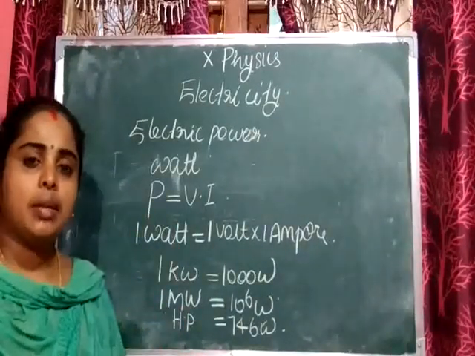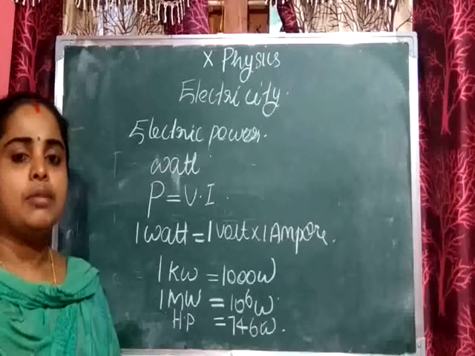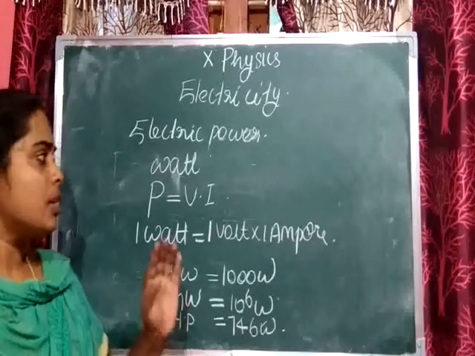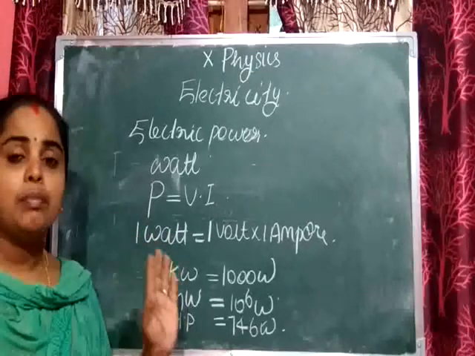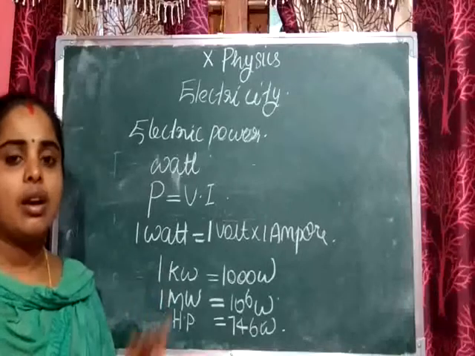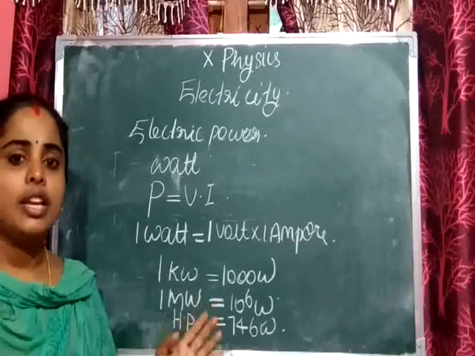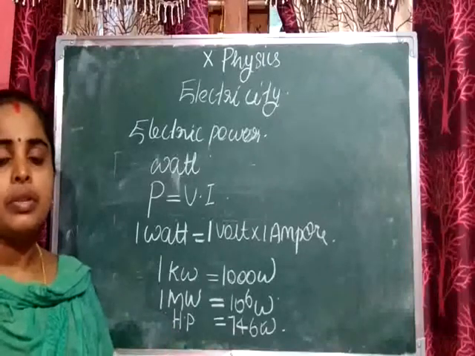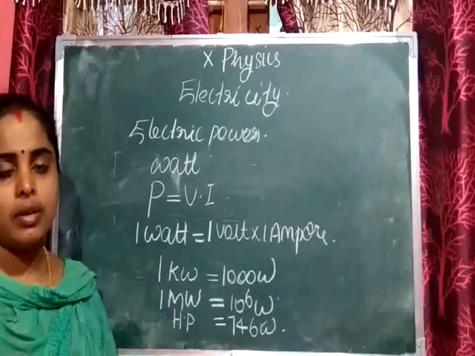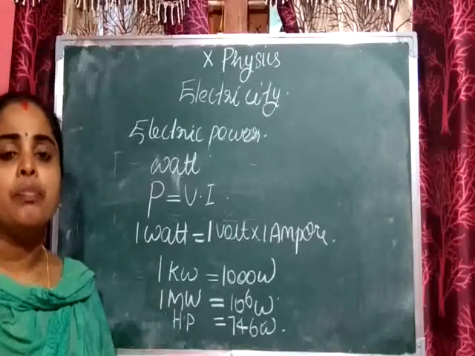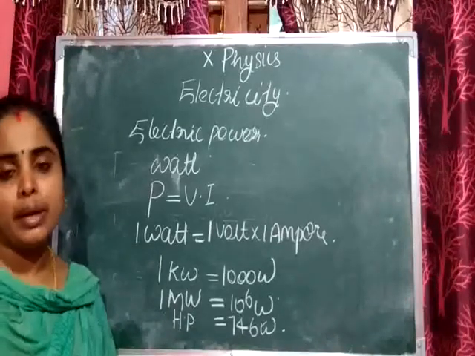So what is electric power? The rate of consumption of electrical energy is called electric power, and it is represented by the equation P is equal to W by T, or VQ by T, or VI, or we can use I square R, or V square by R. These all are the expressions for power, and its unit is watt, and 1 watt is equal to 1 volt into 1 ampere.